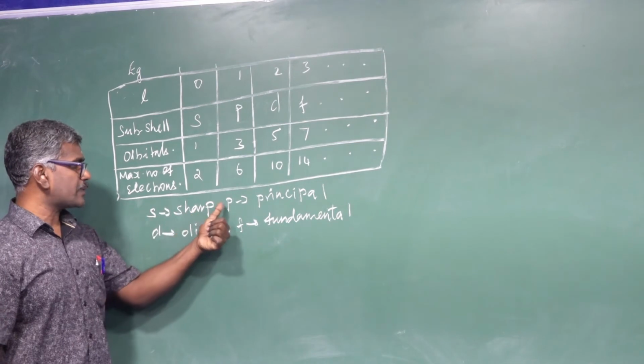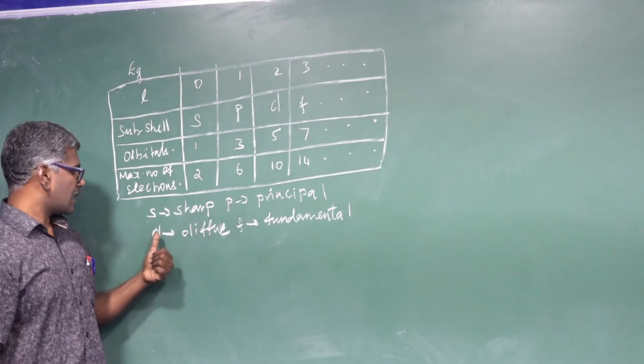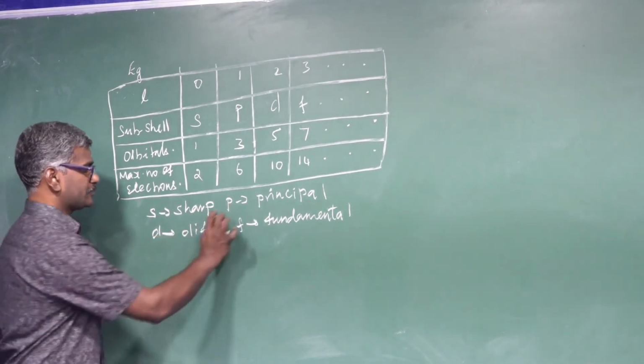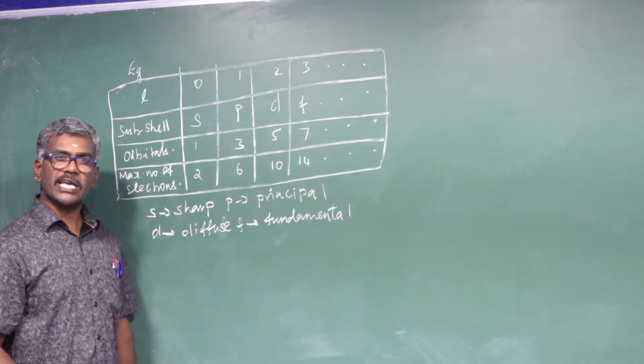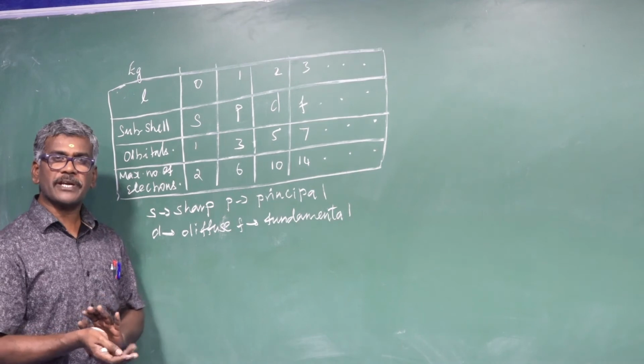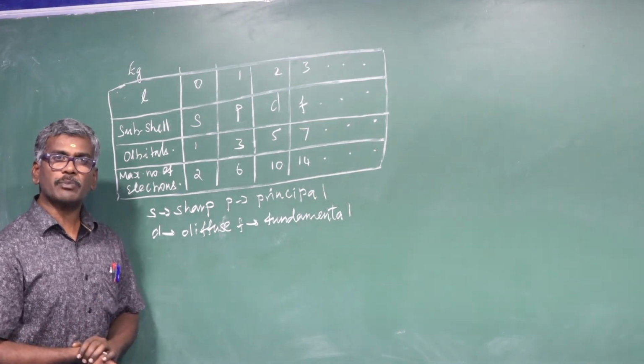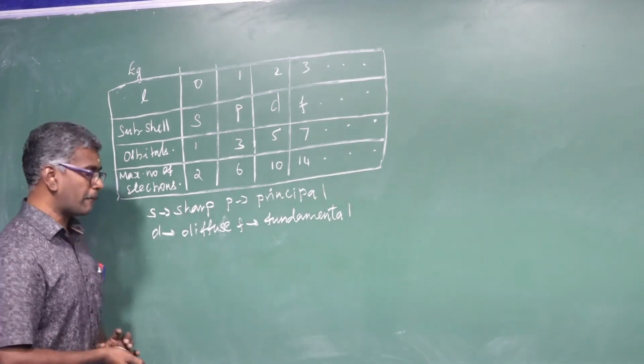S means sharp, p means principal, d means diffuse, f means fundamental. Next, the relationship between orbital angular momentum and azimuthal quantum number.